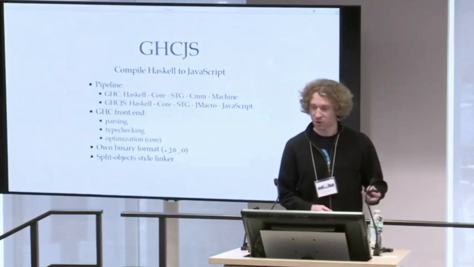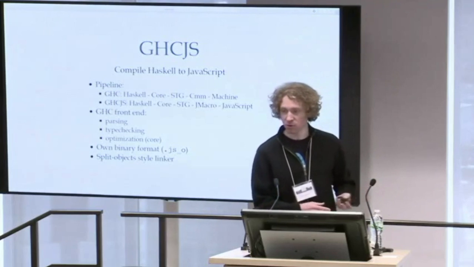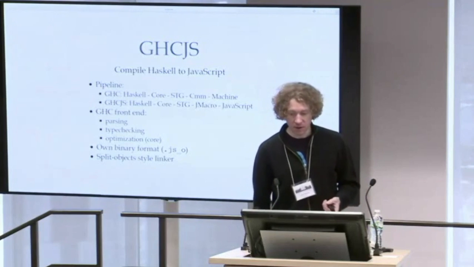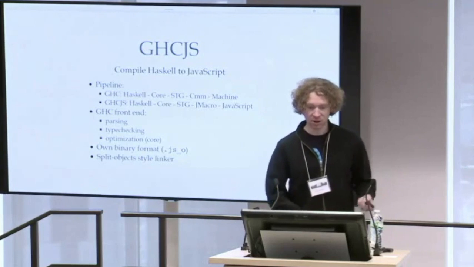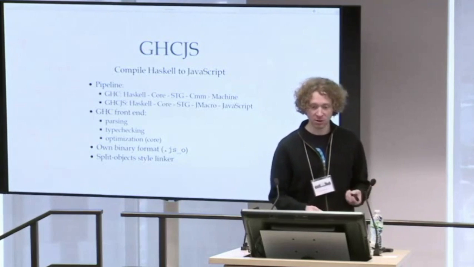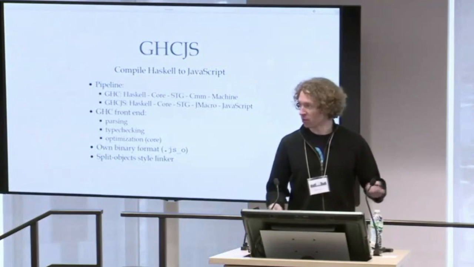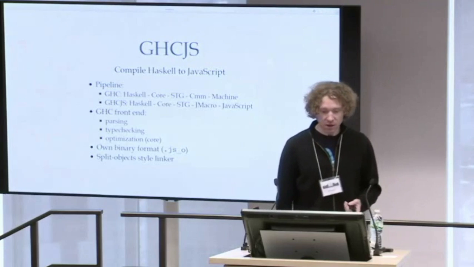Then you get STG, which is sort of like Core, but a bit more shaped for code generation. Then Cmm, the platform-independent assembly language, and then you go to machine code through possibly C or LLVM, whatever backend you have, or directly to some assembly code.